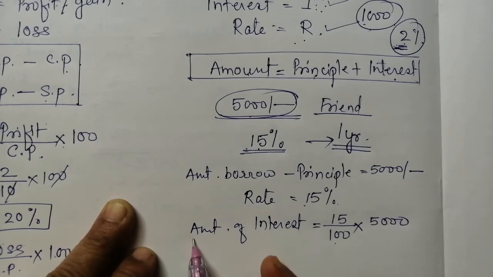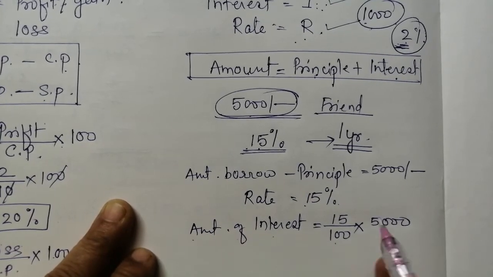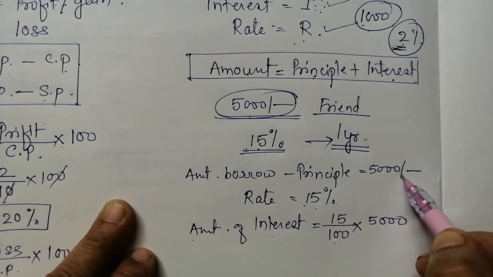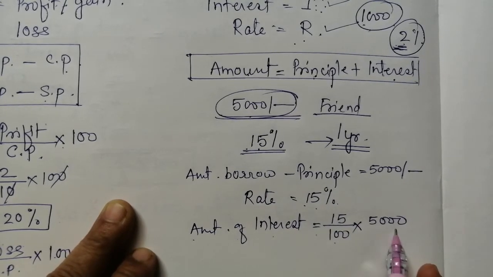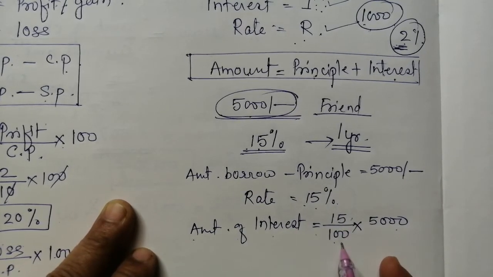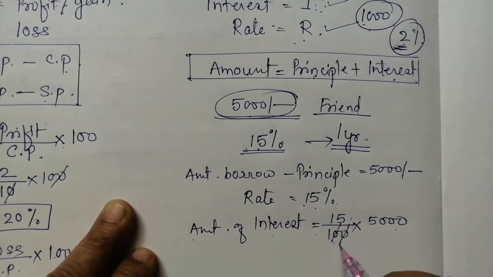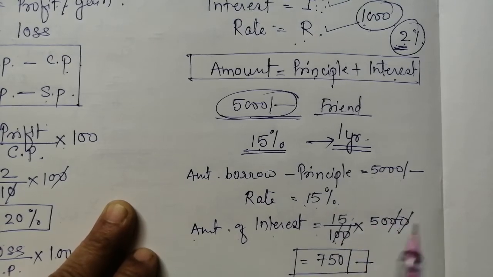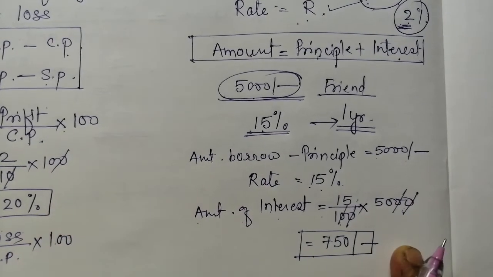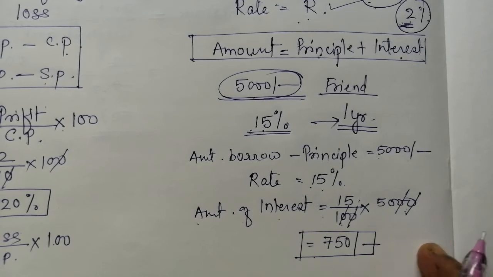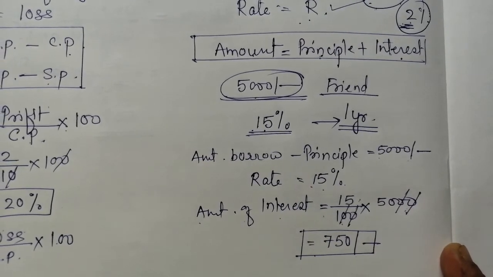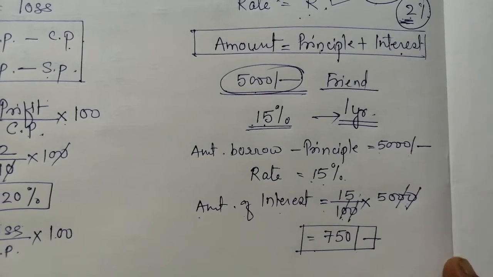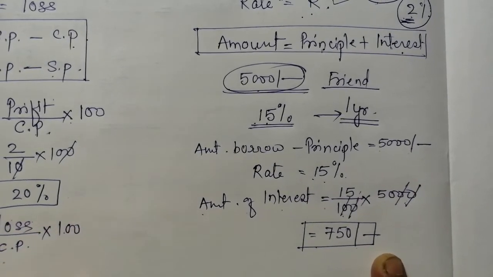You have to find 15% of 5000, therefore 15 divided by 100 multiplied by 5000. That gives 750. That means the interest for the 5000 rupees is 750 rupees, the interest you have to pay.